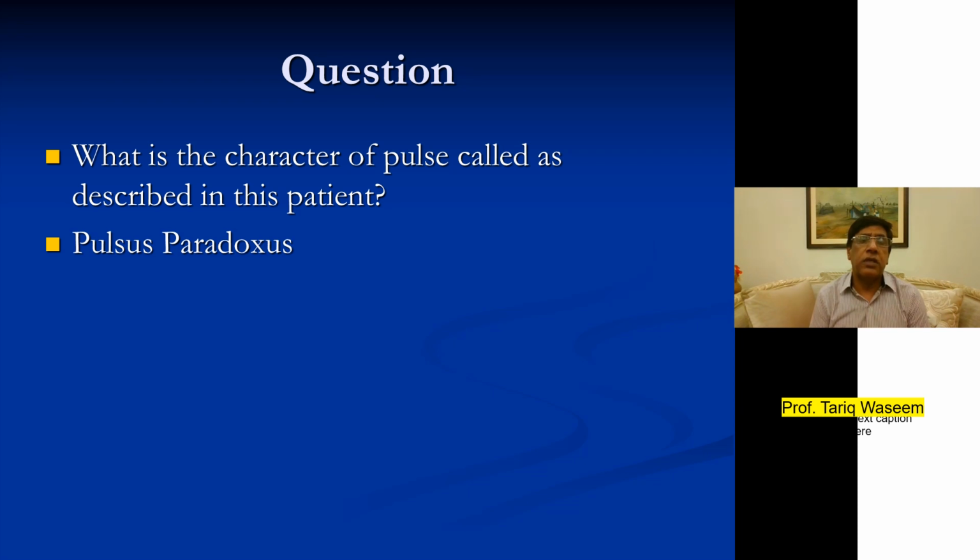The same happens to the pulse, but in conditions where there is a fixed intrathoracic pressure that cannot change, or where there is an impediment to the inflow during inspiration, this further exaggerates this phenomenon, and this is called pulsus paradoxus.